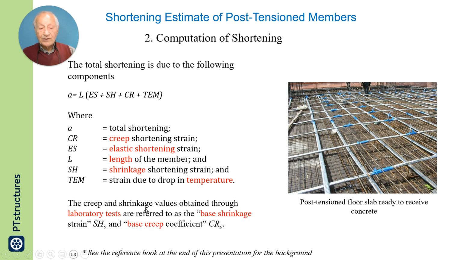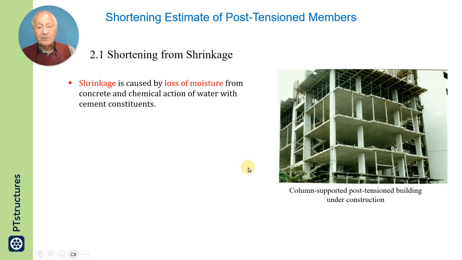The creep and shrinkage values obtained through laboratory tests are referred to as basic shrinkage and basic creep. We start from a basic shrinkage and basic creep, which is determined from laboratory tests, and modify them for our project if the parameters of our project are different.